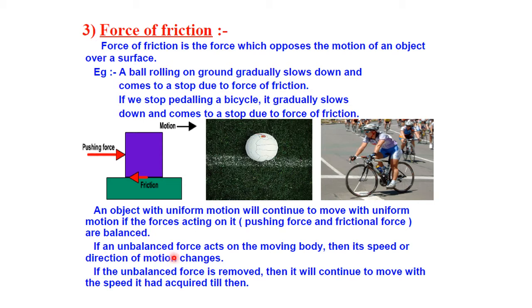But if an unbalanced force acts on the moving body, then its speed or direction of motion changes. For example, if a ball was moving and suddenly was kicked by someone, it will change its speed as well as its direction. If the unbalanced force is removed, then it will continue to move with the speed it had acquired till then.